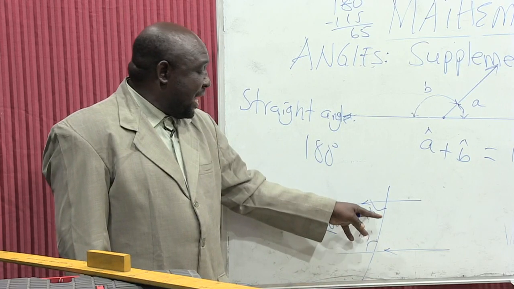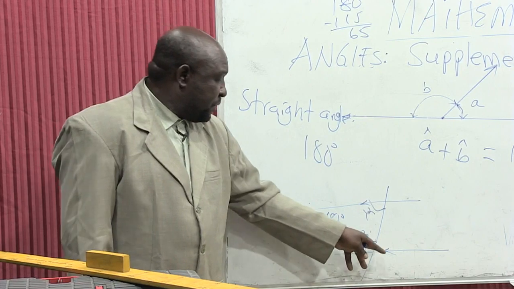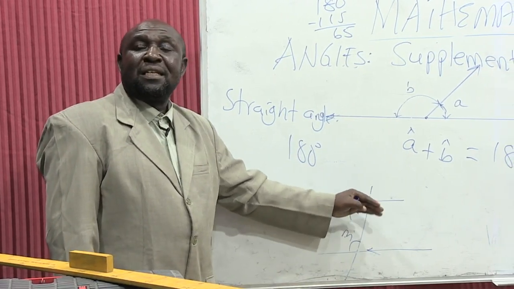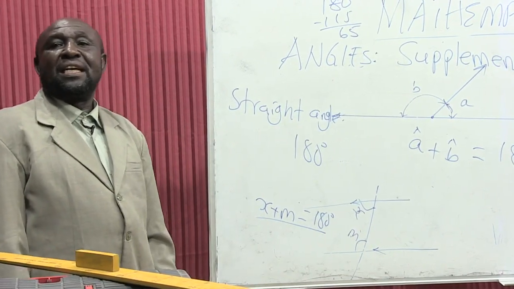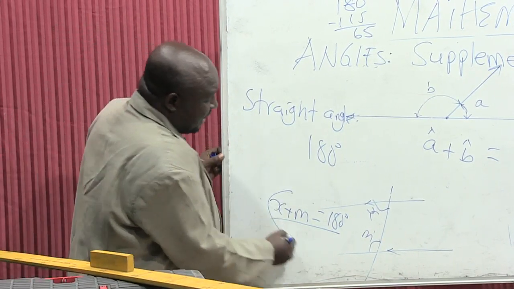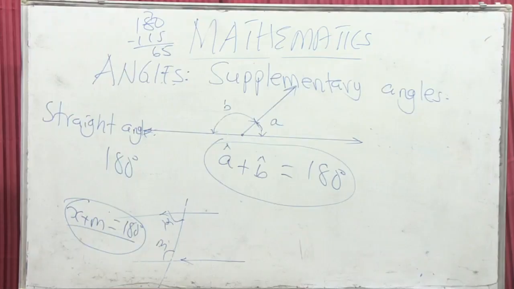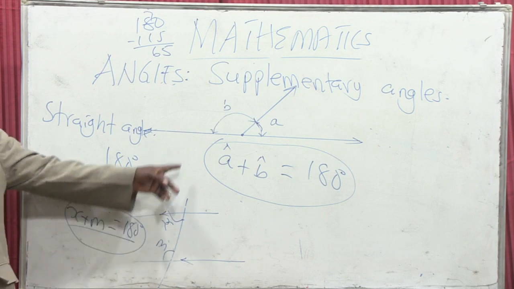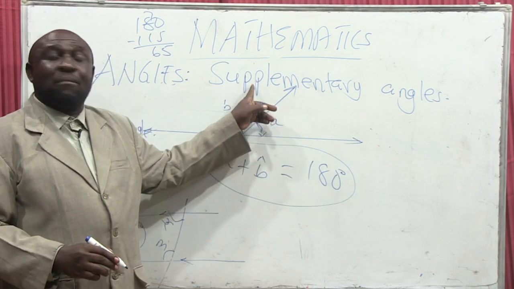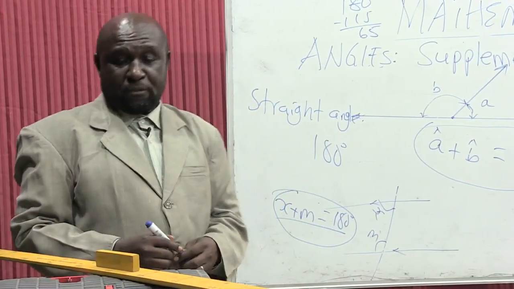This m and x have different direction, different point, same side, and they sum up to 180 degrees. Now you can see this equation and that equation look the same, but they have different reasons, because these are interior angles, and the A and the B in this particular diagram are supplementary angles.